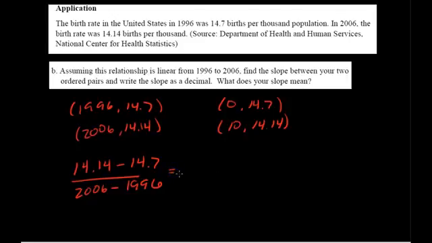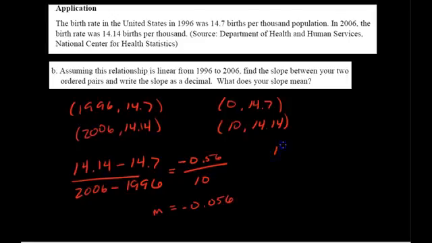If we do the subtraction, 14.14 minus 14.7 gives us negative 0.56, over 2006 minus 1996, which would be 10. If we do the division, we get negative 0.056, and that is our slope.